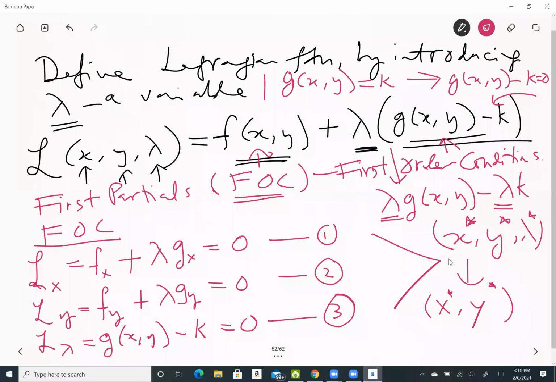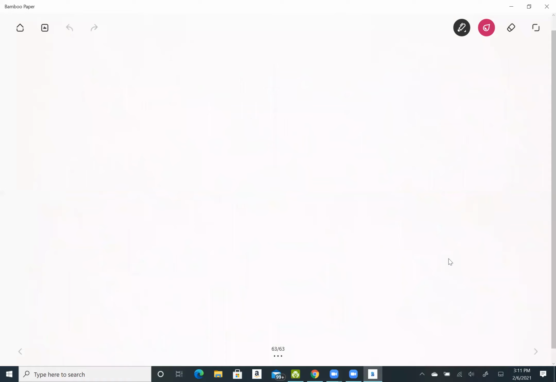The way to solve this is, first of all, you make use of 1 and 2. You write lambda in terms of the other terms, and then we will make use of number 3 to find the optimum x and y. So the method is we make use of number 1 and number 2.